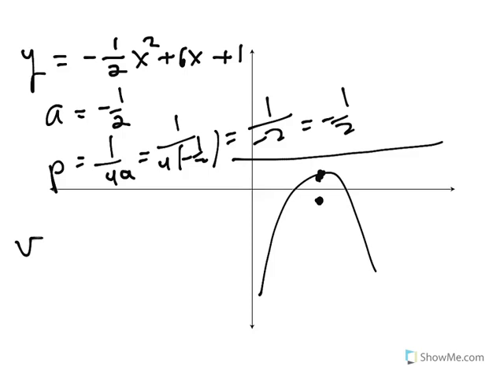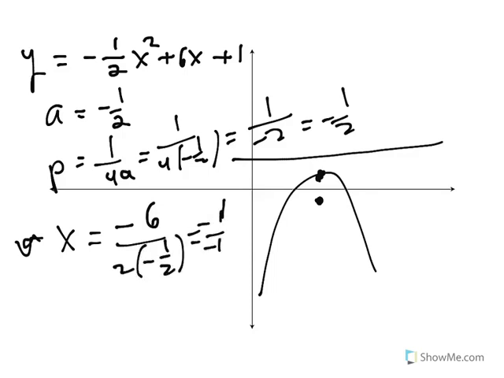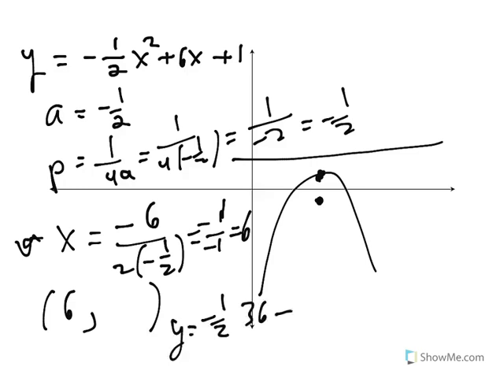The x-coordinate of the vertex is negative b, negative 6, over 2a, which is negative 6 over negative 1, which is 6. So 6 is the x-coordinate, and the y-coordinate, if you put 6 in for x, you get 36, plus 6 times 6 plus 1. So we have negative 18, it's 19.